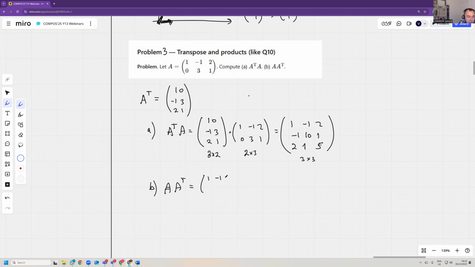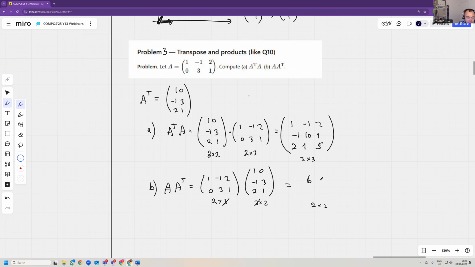So [1, -1, 2; 0, 3, 1] multiplied by [1, 0; -1, 3; 2, 1]. So this is a 2 by 3, and this is a 3 by 2. So we cross out the 3. So the answer is going to be a 2 by 2. So the first one is 1 plus 1, 2 plus 4, 6.